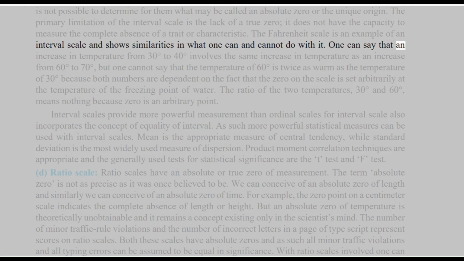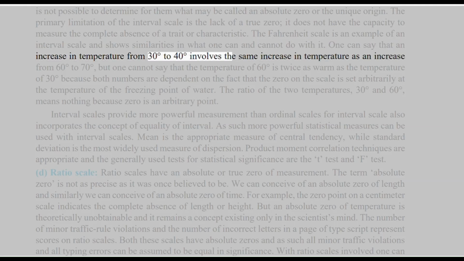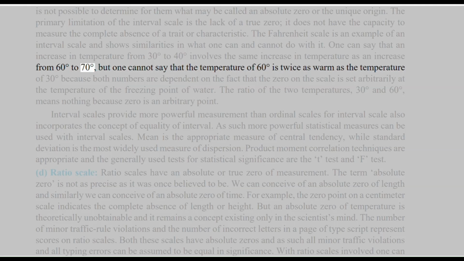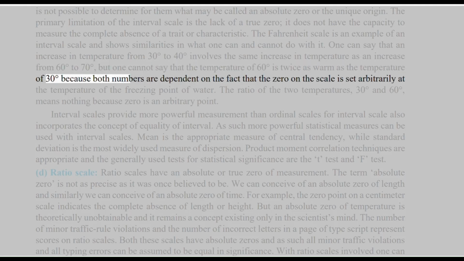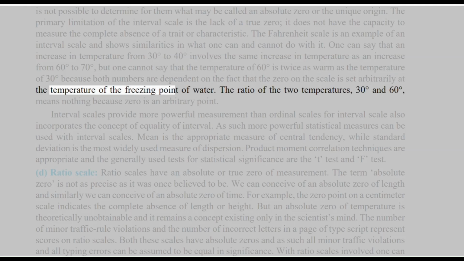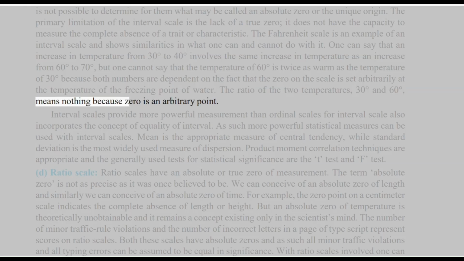One can say that an increase in temperature from 30 degrees to 40 degrees involves the same increase in temperature as an increase from 60 degrees to 70 degrees, but one cannot say that the temperature of 60 degrees is twice as warm as the temperature of 30 degrees because both numbers are dependent on the fact that the zero on the scale is set arbitrarily at the temperature of the freezing point of water. The ratio of the two temperatures, 30 degrees and 60 degrees, means nothing because zero is an arbitrary point.